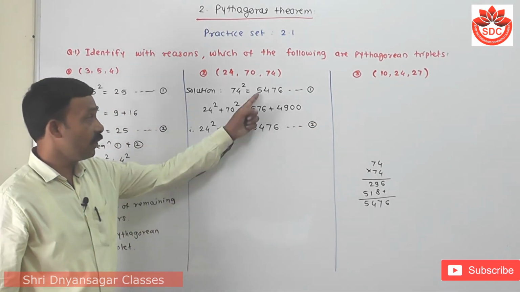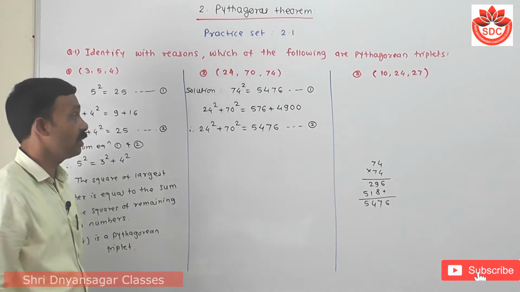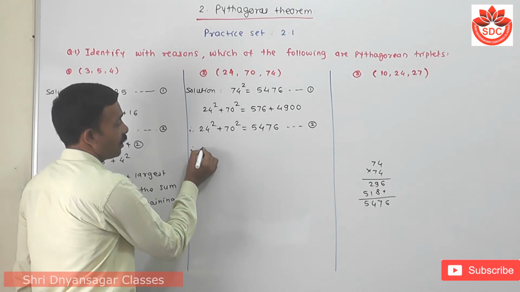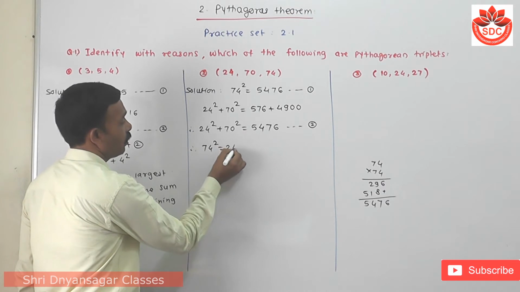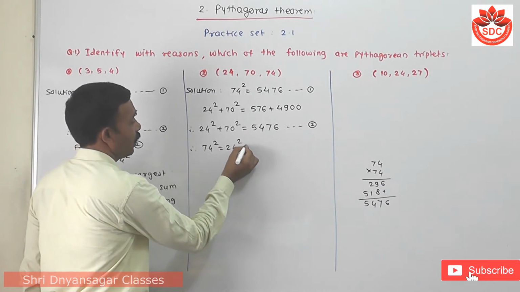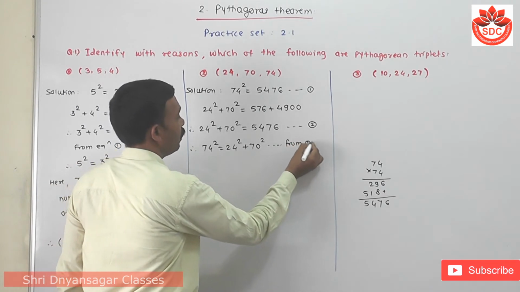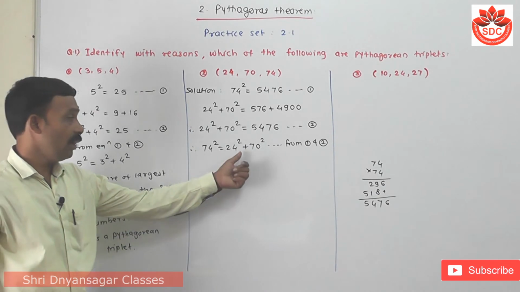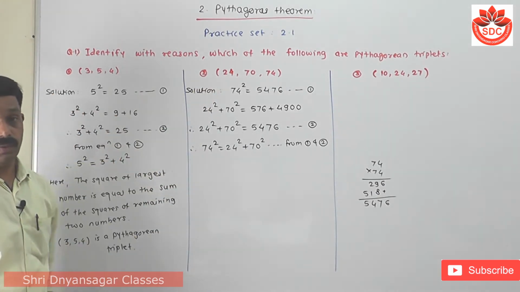When you observe first and second, these two sides are equal, 5476. So from equations first and second, we write here 74 square is equal to 24 square plus 70 square. Now these two are equal, means these three numbers are in Pythagorean triplet.